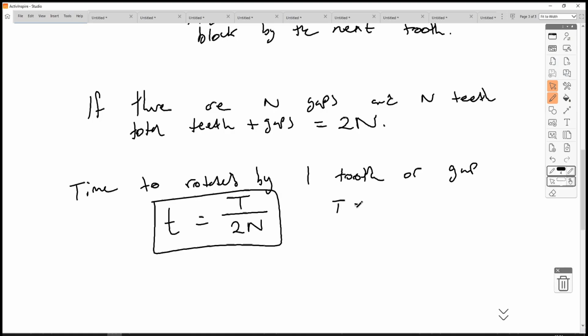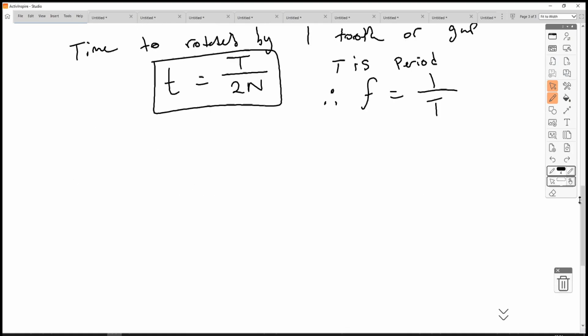So here we can say T is the period. Therefore, frequency is 1 over T. So if we sub that in now for the frequency, the time taken is 1 over 2nf.